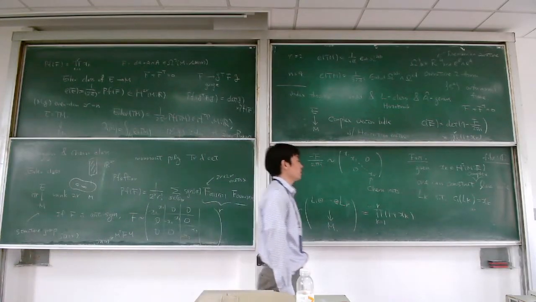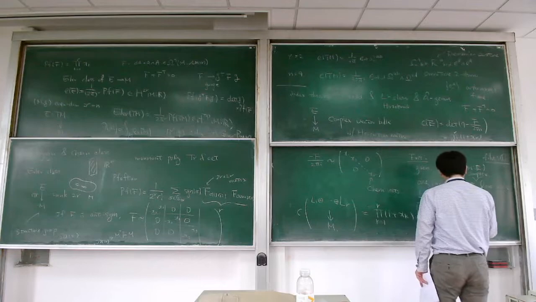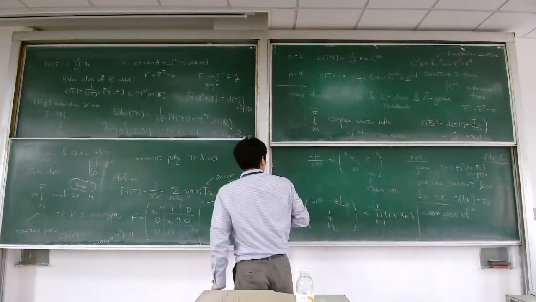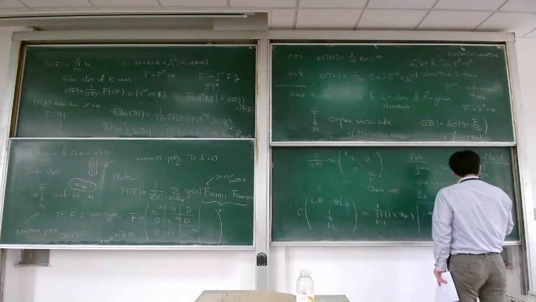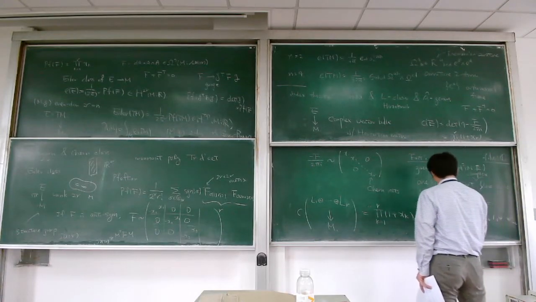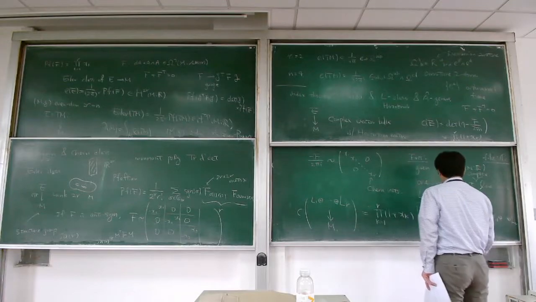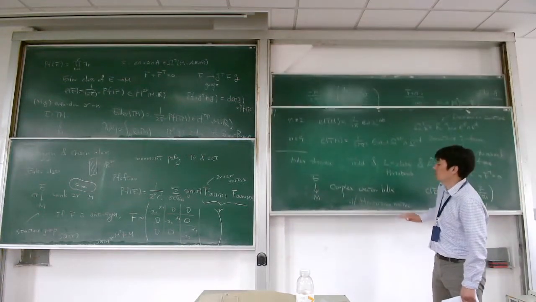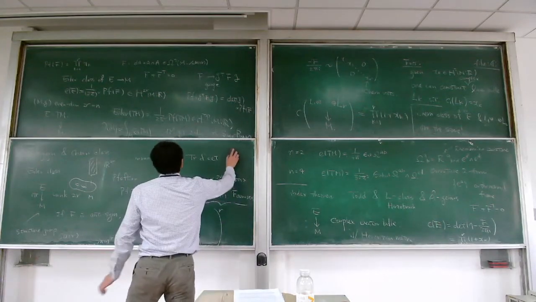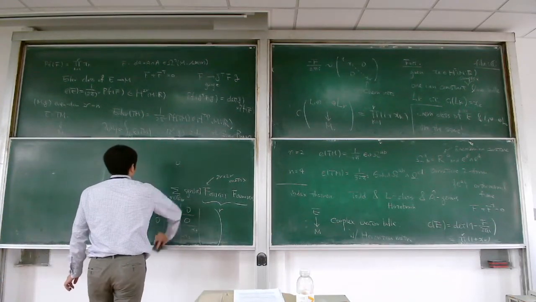Therefore, one cannot distinguish with characteristic classes: the vector bundle E is not necessarily isomorphic to the direct sum, the Whitney sum, of the line bundles.